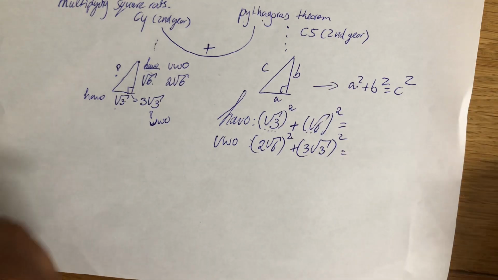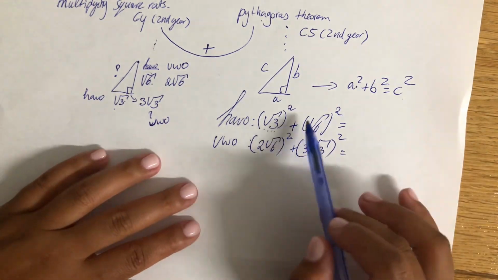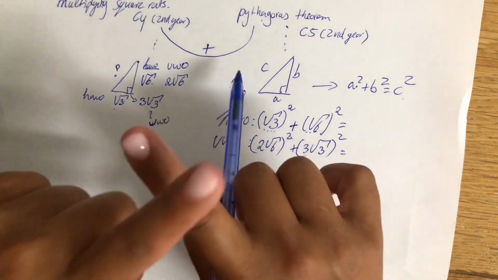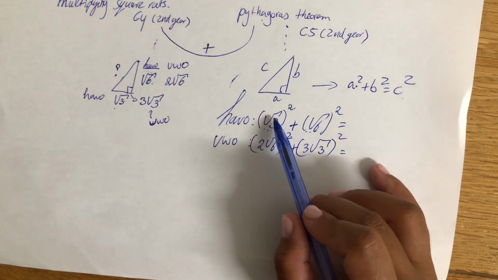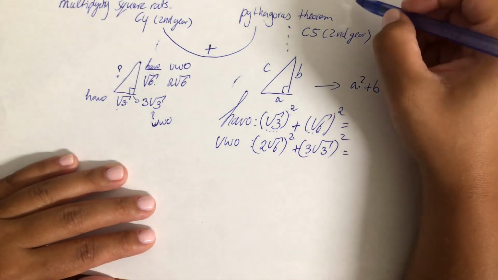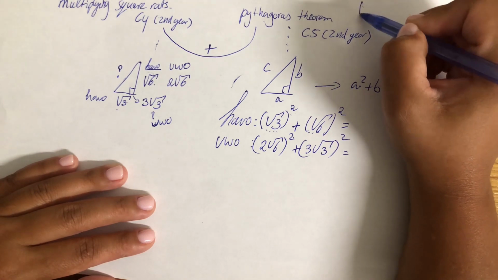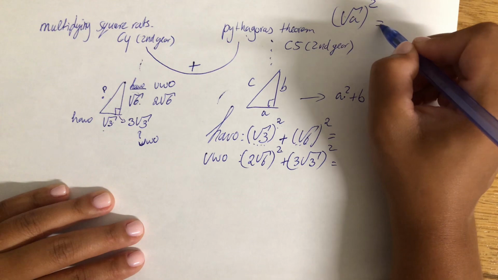Now, this is your moment. Pause the video and let's see if you still have chapter 4 from the second year in you, so you can calculate this. You don't need a calculator. If you know your rules, then you remember that we practiced that the square root of a to the power of 2 is just a.